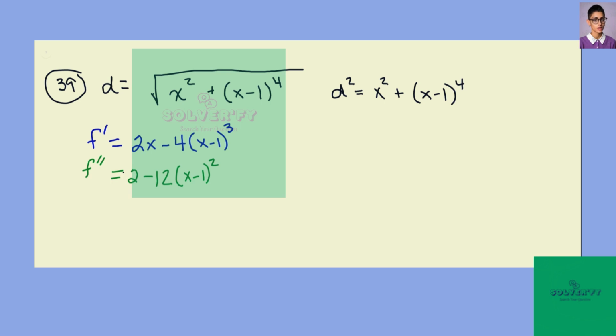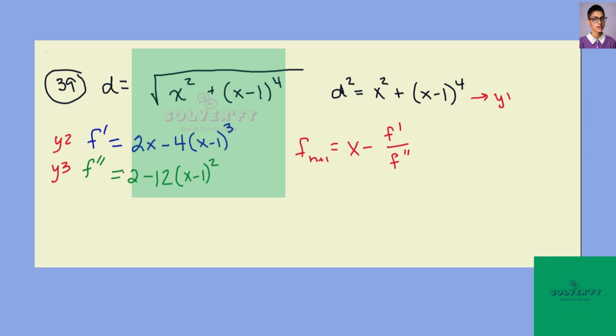So I'm going to put, let's see, in my graphing calculator, I'm going to put this equation in my y1, this in my y2, this in my y3, and then my f of n plus 1 equals x minus f prime over f double prime.